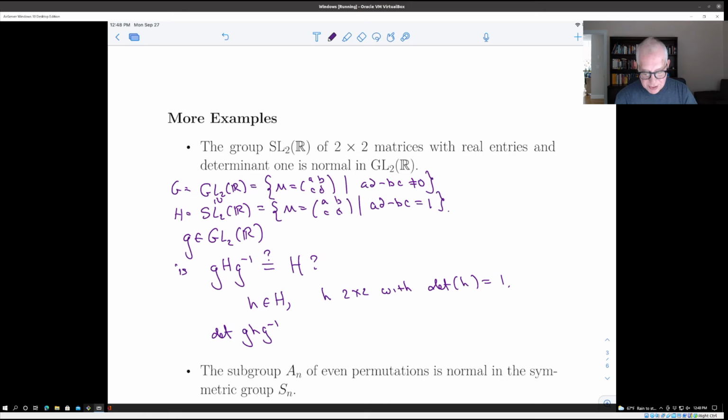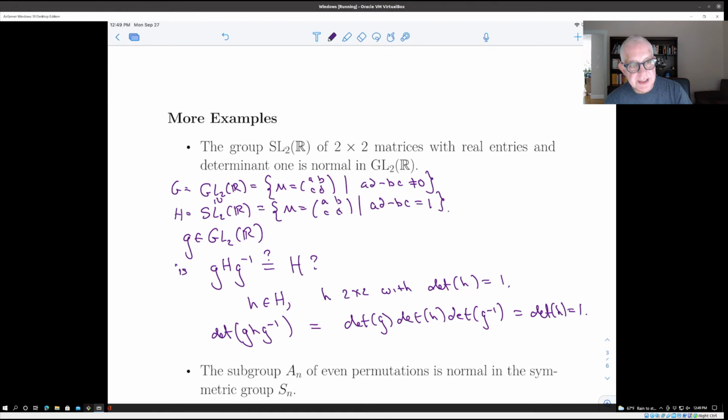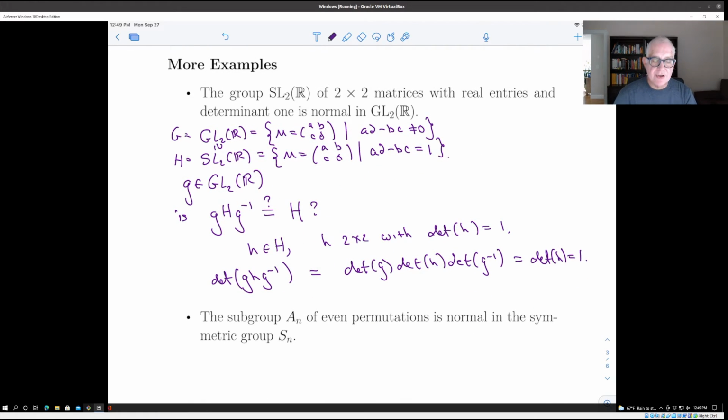That's a 2 by 2 matrix, and its determinant is equal to the determinant of G times the determinant of H times the determinant of G inverse, which is equal to the determinant of H, which is equal to 1. Because the determinant of a product of matrices is the product of the determinants, if H has determinant 1, the determinant of G and the determinant of G inverse cancel out. So this shows that SL2R is a normal subgroup of GL2R.